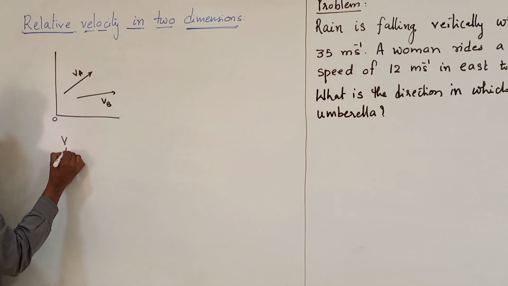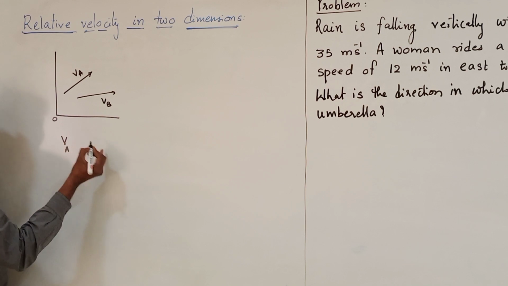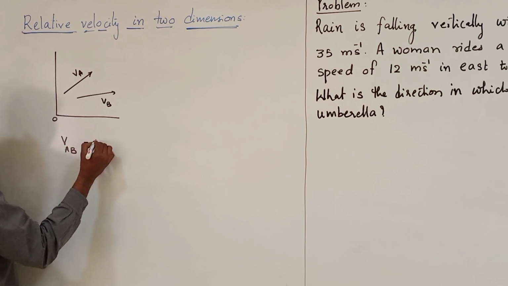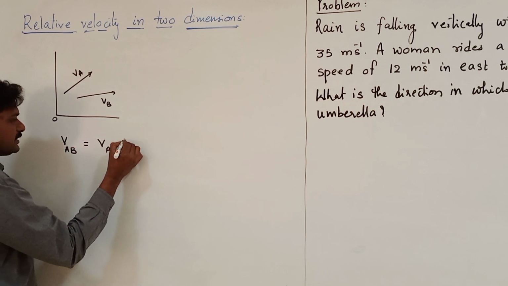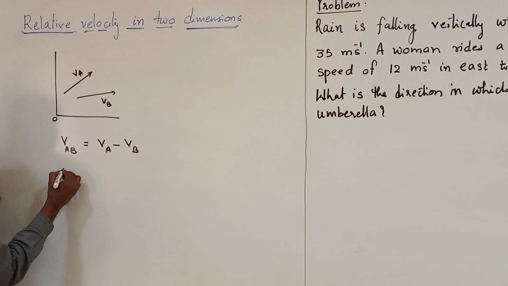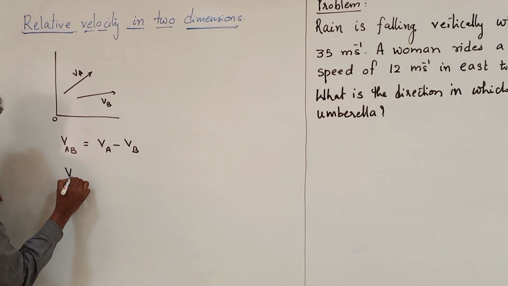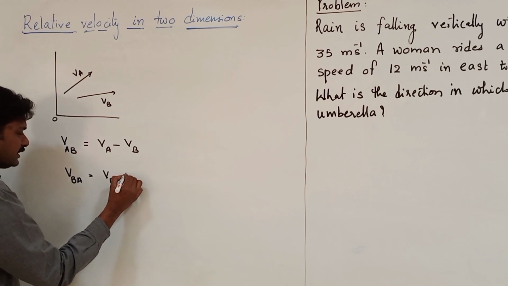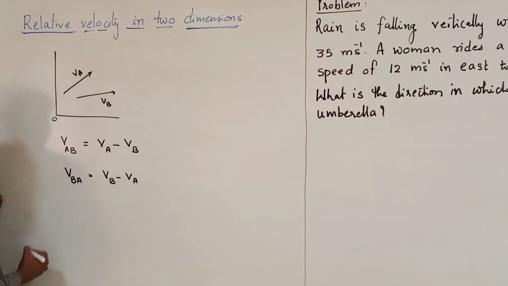The velocity of A relative to B, or with respect to B, VAB, is written as VA minus VB. Similarly, velocity of B with respect to A, we write as VB minus VA.